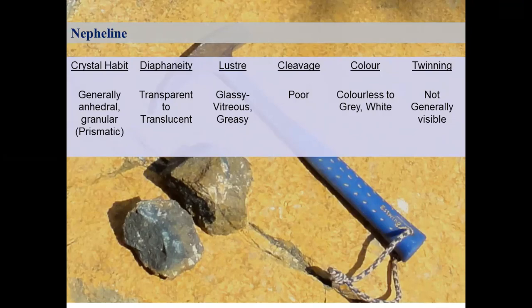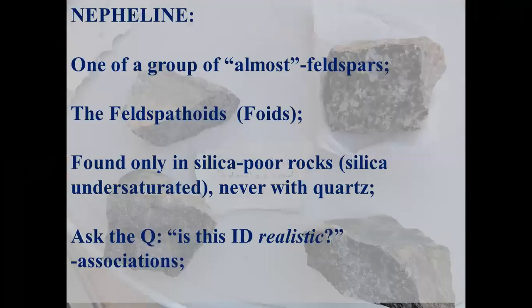Now, what is nepheline? Well, I like to call it an almost feldspar. It's one of a group of minerals that we call the feldspathoids. I think this is an American term, but a modern term calling them foids. I don't like that. I like to call them feldspathoids because it says something about their origin. They are almost feldspars, and that's exactly what they are. They would be feldspars if you had enough silica in the magma that was crystallizing.